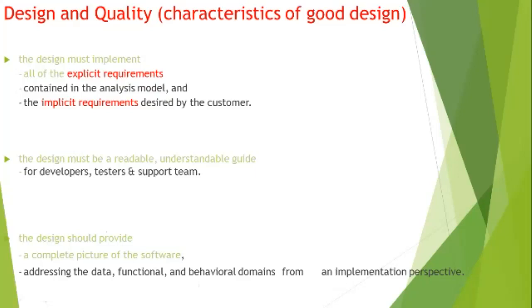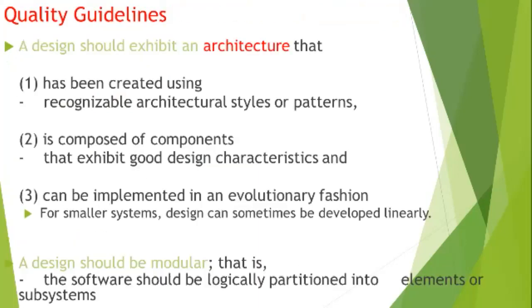The design must be a readable, understandable guide for developers, testers, and the support team. The design should provide a complete picture of the software, addressing the data, functional, and behavioral domain from an implementation perspective.